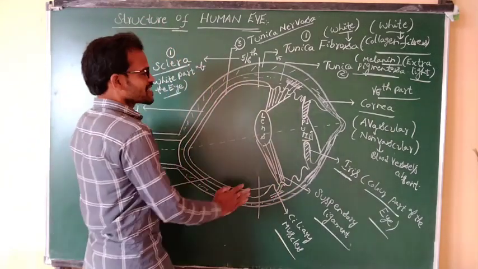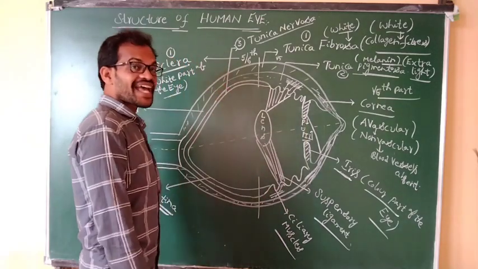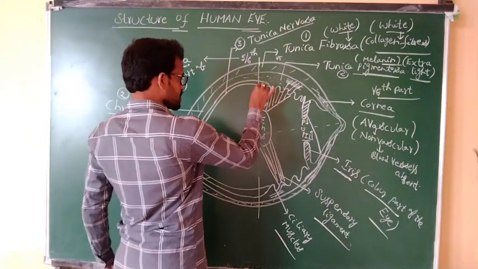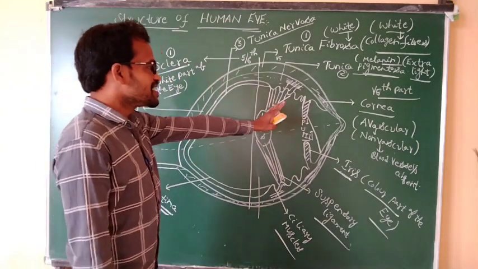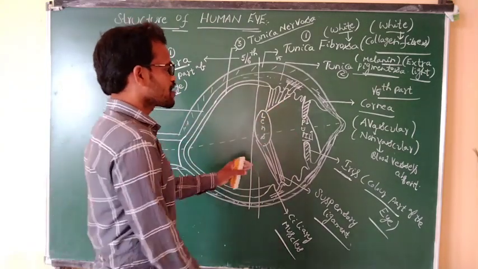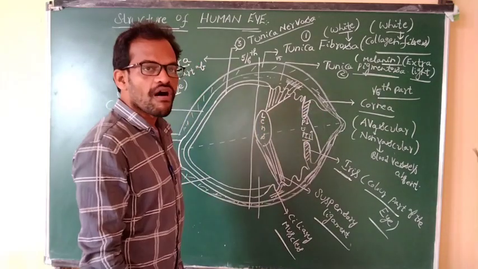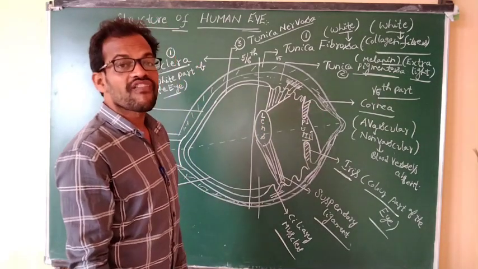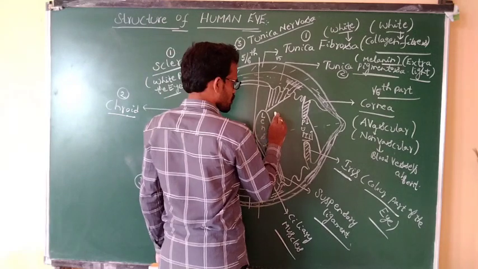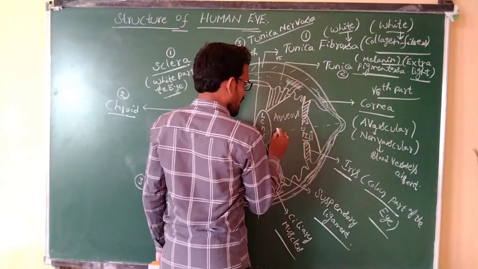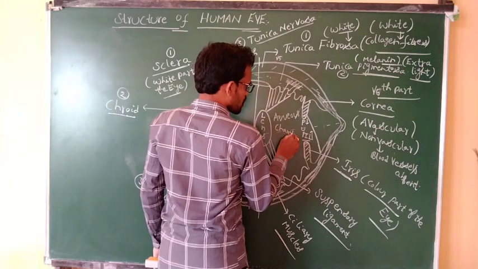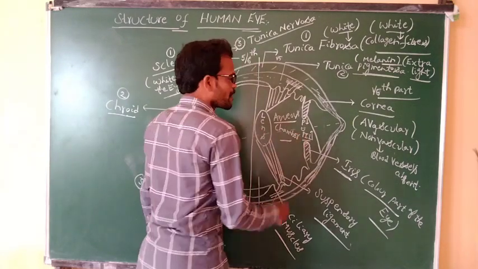Okay, coming to here, the anterior part of this eye consists of the aqueous chamber.